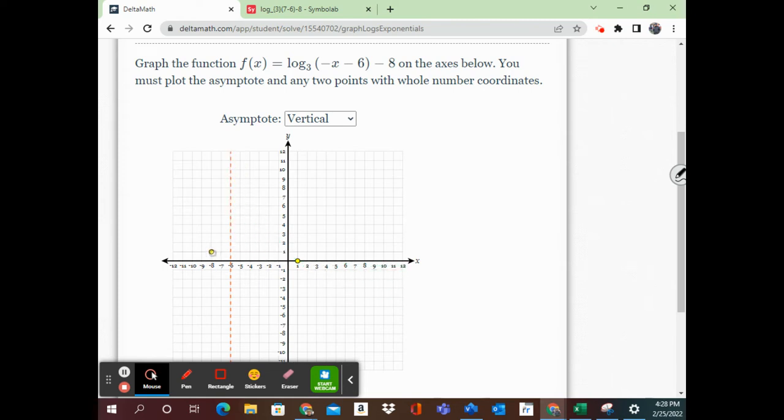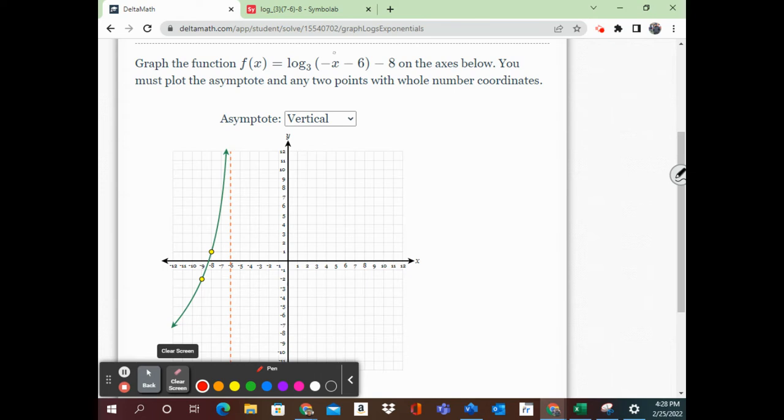My graph has to be somewhere over here, right? Because if I put in a positive number here, it's still going to be negative, and I need these numbers to turn positive, because I have a negative x minus 6.